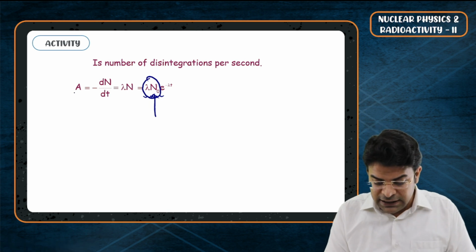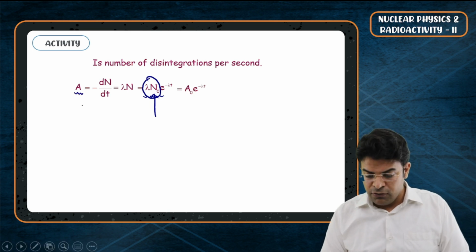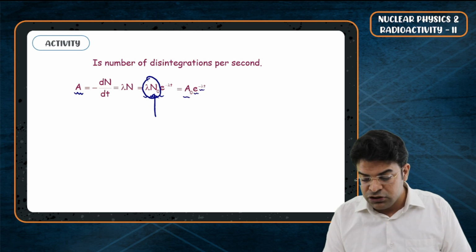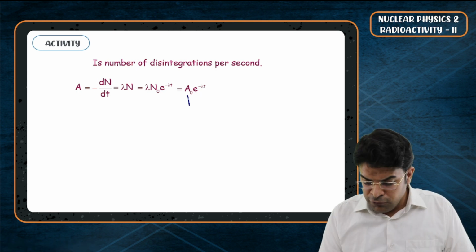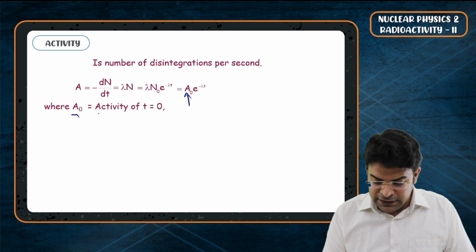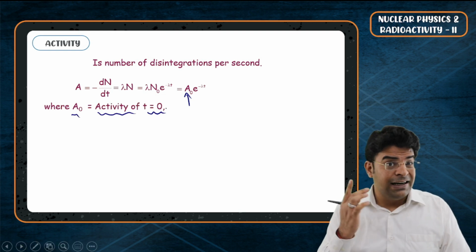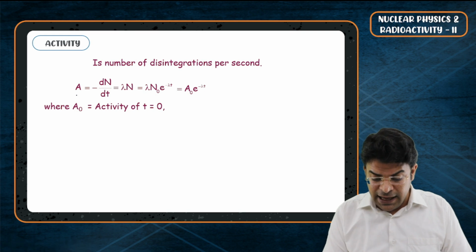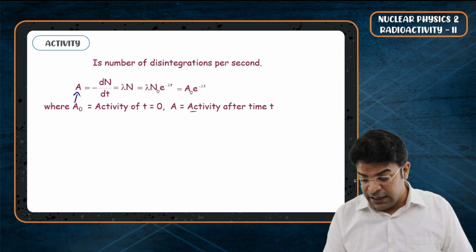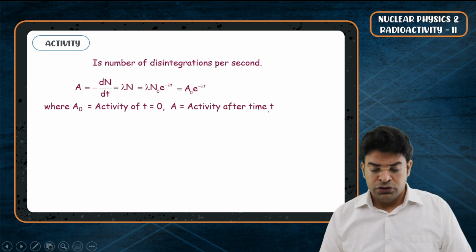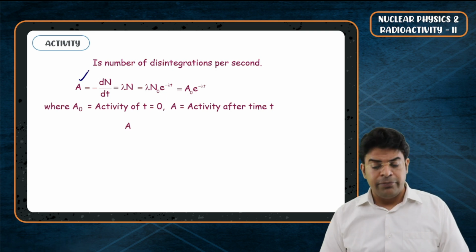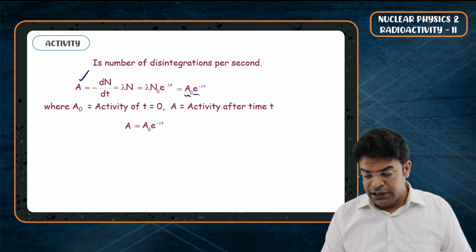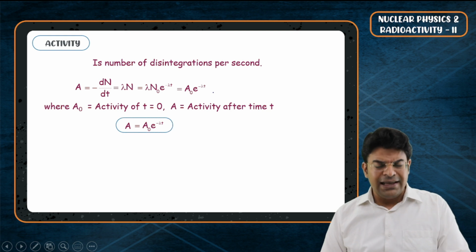So you can say that the activity at any time t equals the initial activity into e raised to power of minus lambda t. So what is A naught? A naught is the activity at time equals to 0, that is the initial activity, and A is the activity at any time t. So the activity at any time t equals initial activity into e raised to power of minus lambda t, and it's easy to remember.